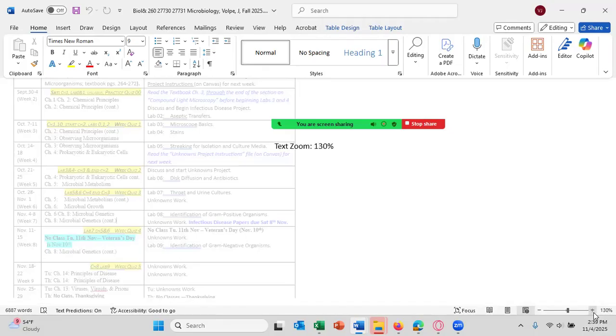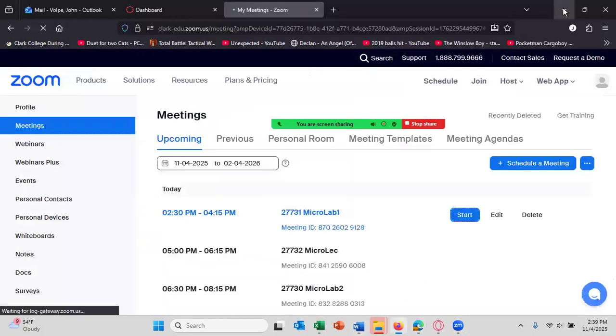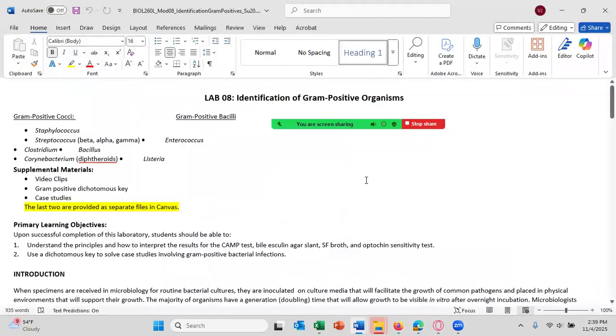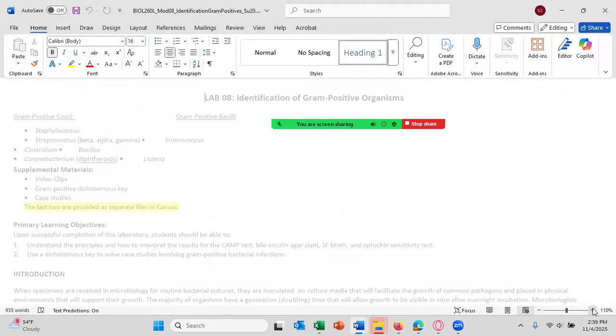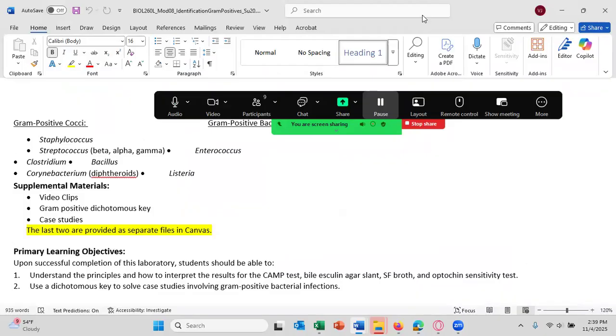Blow that up a little. Let's move on to lab 8. Lab 8, identification of gram-positive organisms.